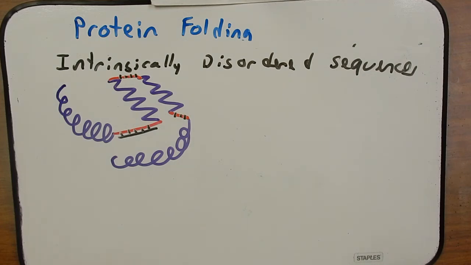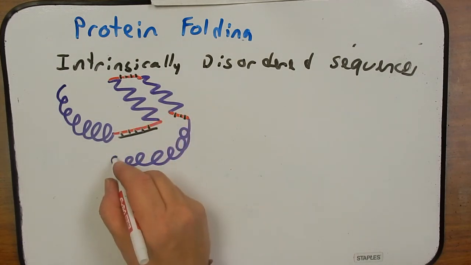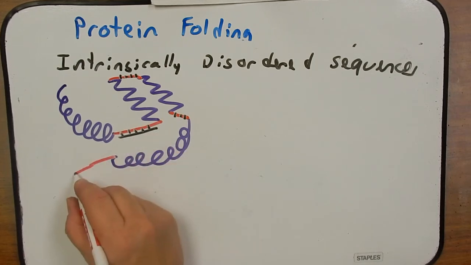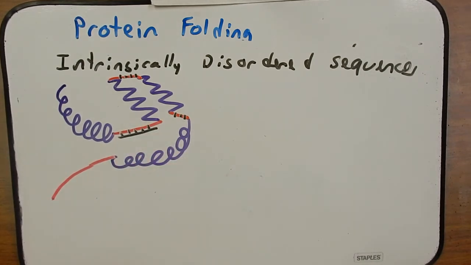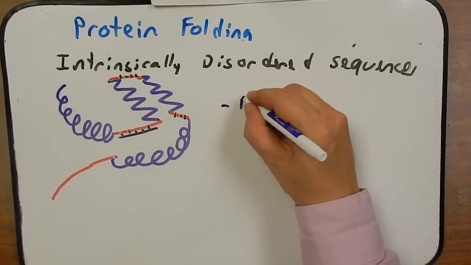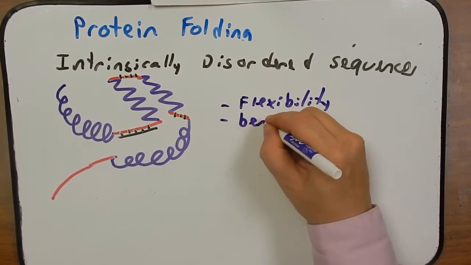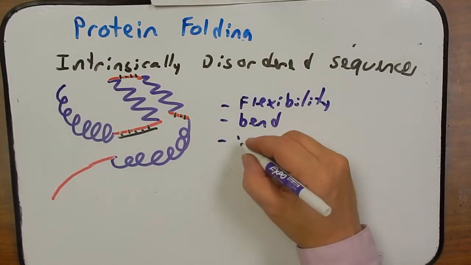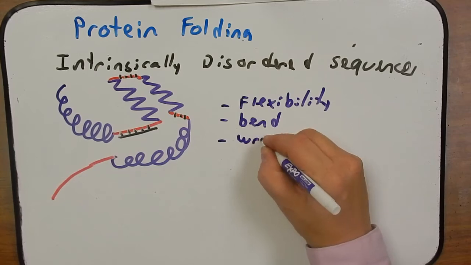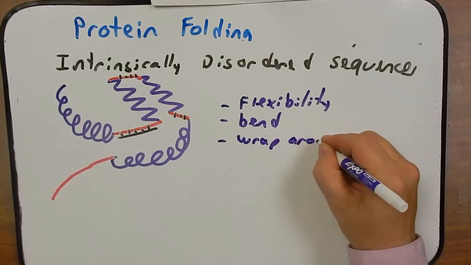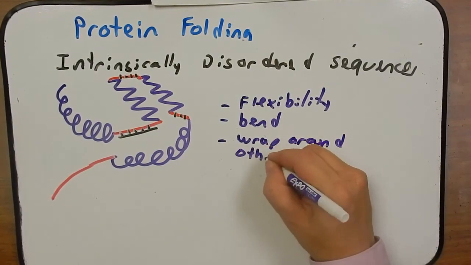Now, there can be also these unstructured regions in other parts of the protein that are not here. Or these intrinsically disordered sequences could also not be associated with linkers, but they could just exist independently, like so. They can do lots of things, and they're responsible for several things within a protein. They add flexibility, the ability to bend. Because of their flexibility, they can wrap around other proteins or substrates.